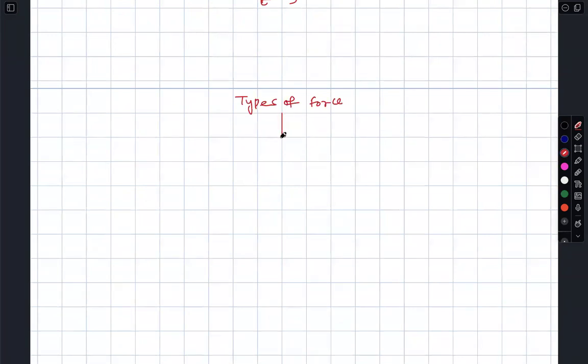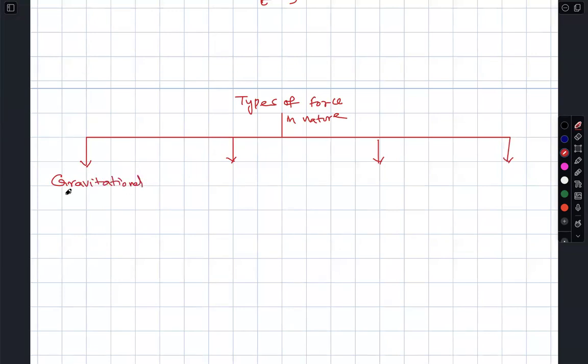The first type of force, when I am writing about types of forces in nature, basically there are four forces. Whatever you see in nature, one is gravitational force. Next, electromagnetic force.